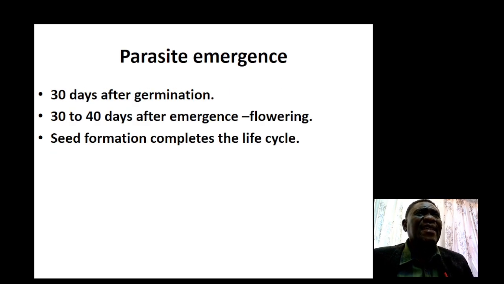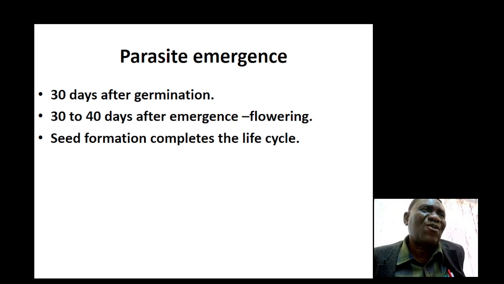It takes 30 days after germination to emerge. Now, 30 to 40 days after emergence, you get flowering, then you have seed formation, and the life cycle is completed.